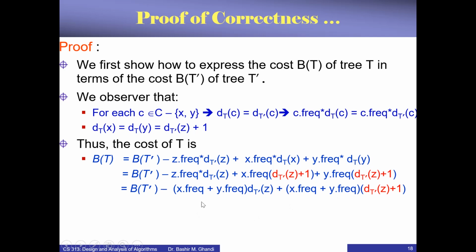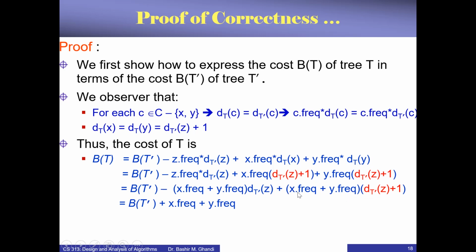Now, if you notice, we have minus x.freq. Well, let us expand this one because this is plus 1. If you expand it, you will have this times 1, and this times depth of Z in T prime.